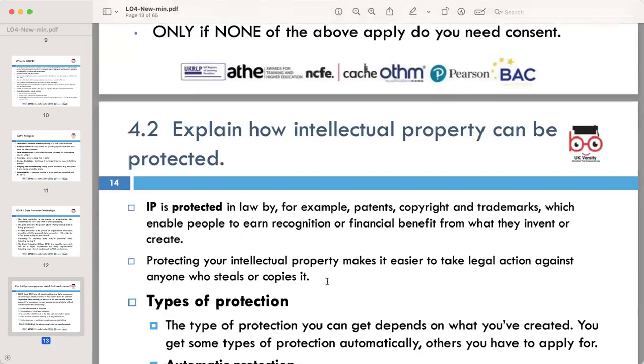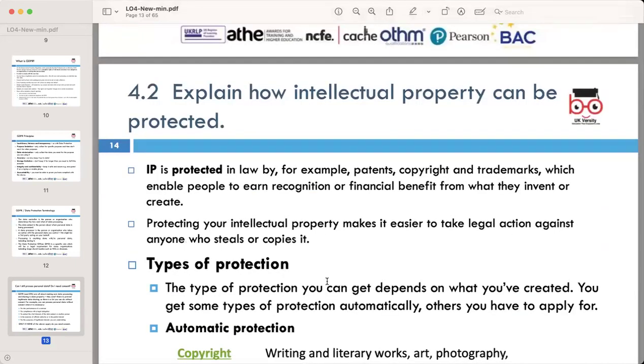How can intellectual property be protected? Intellectual property is safeguarded by legal mechanisms such as patents, copyright, and trademarks, allowing individuals to gain recognition or financial benefits from their inventions or creations.